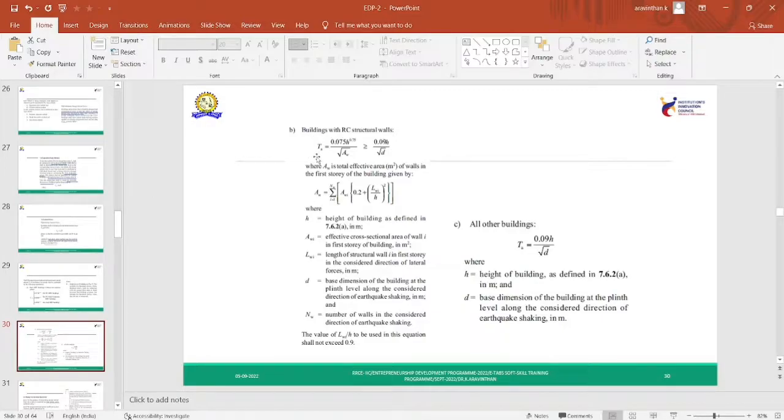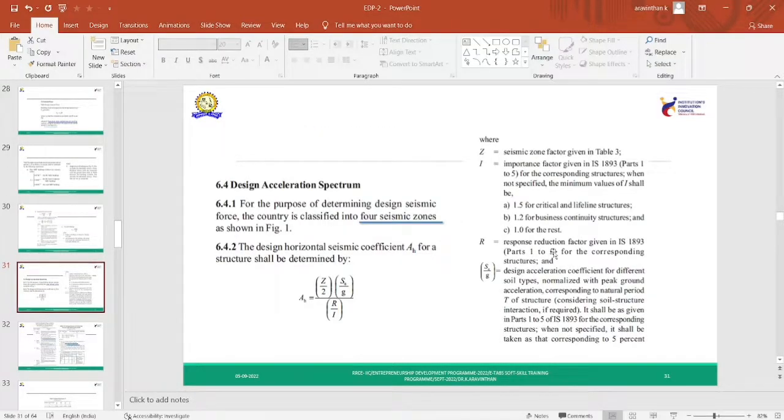If the Ta is lesser than 0.4 second, you can use the equivalent static method. All the other buildings which are not covered here, you can use 0.09 h by root of d. Now, design acceleration spectrum. Okay, how to find Ah manually is given here.